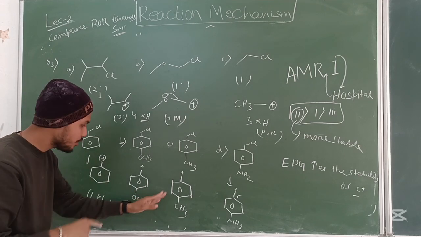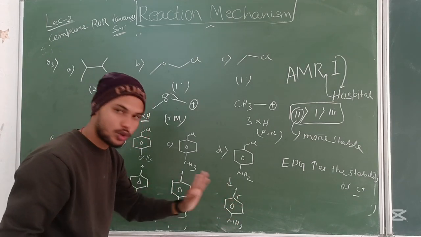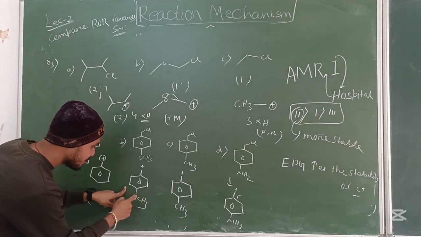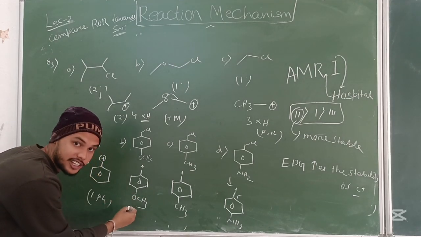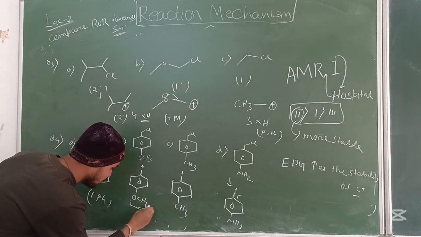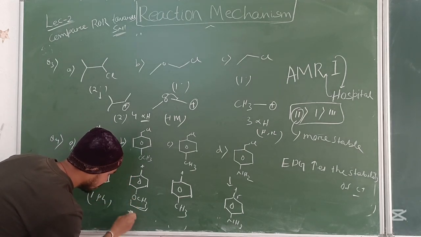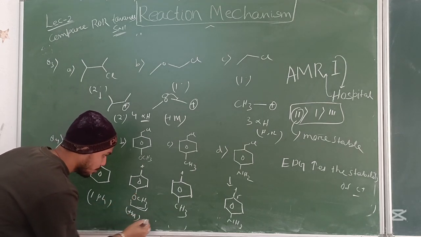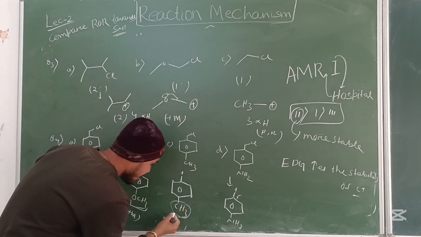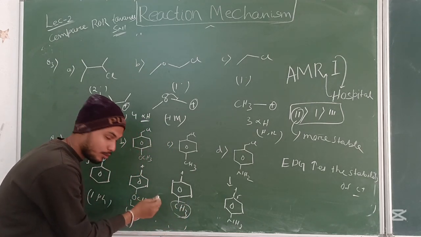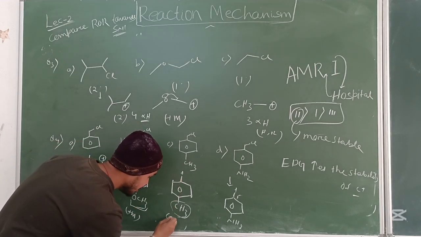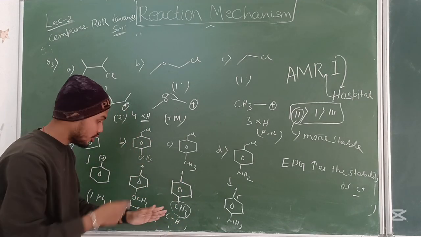Here also one phenyl group, here also one phenyl group, here also one phenyl group. But here at para position OCH3 is attached. That means it is an electron donating group, and it will stabilize the carbon atom through resonance or through mesomeric effect. Here also it is a methyl group, it is also a donating group, but it will stabilize the carbon atom through the CH bond. That means through hyperconjugation or inductive effect.